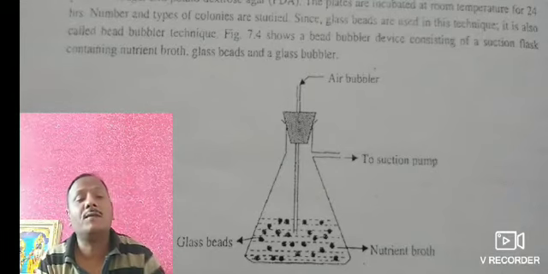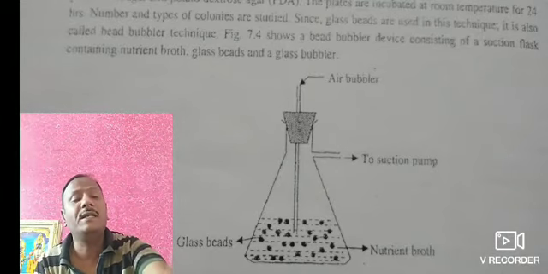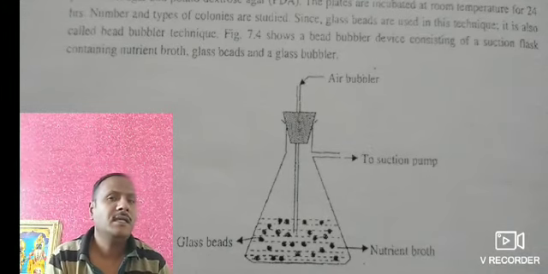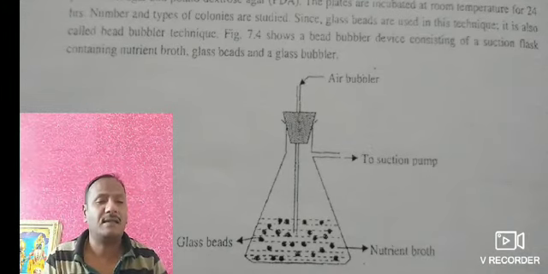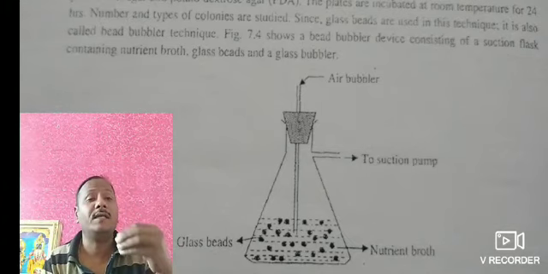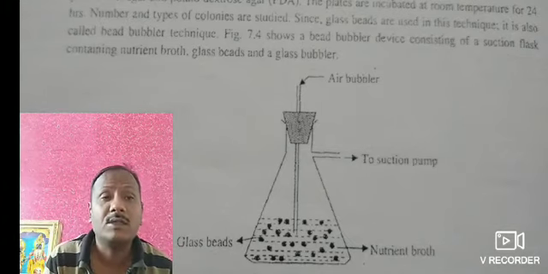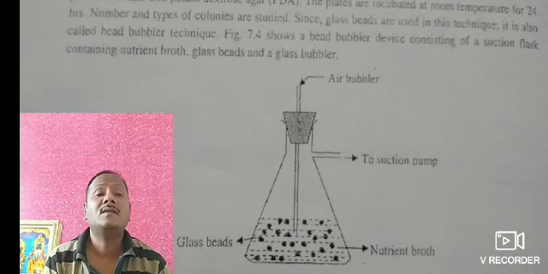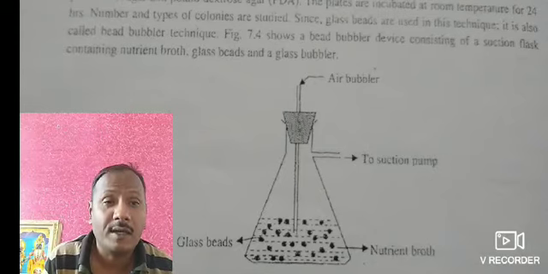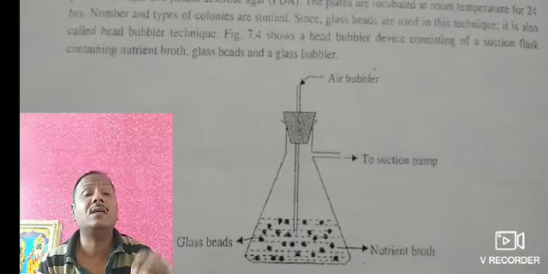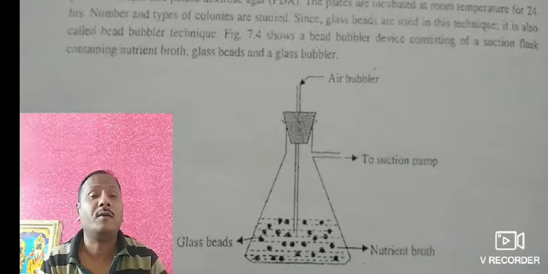After 24 hours, initially the medium inside the conical flask is clear, but after 24 hours there is turbidity in the nutrient broth. Turbidity indicates that there is growth of microorganisms. This is the clear-cut indication of growth of a specific type of microorganism.